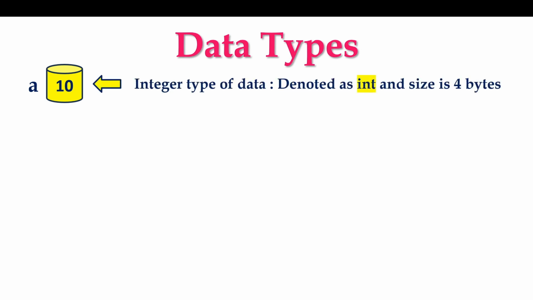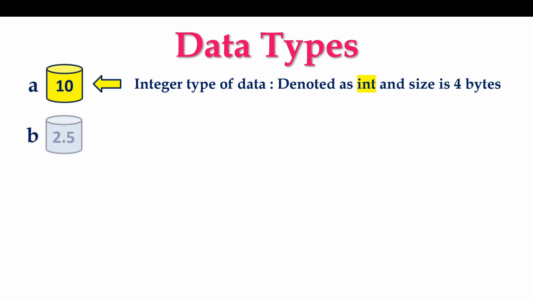Let us see how to denote them in the program. Integer data type can be denoted as int in the program. And to store an integer value, we need 4 bytes of memory.